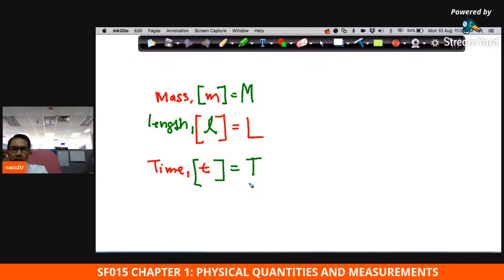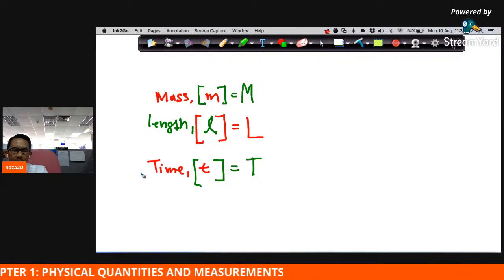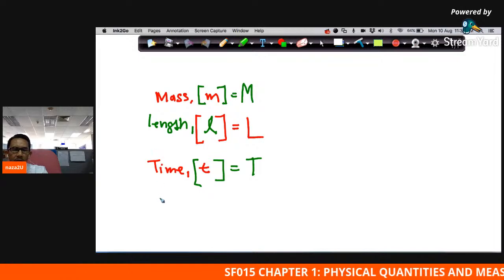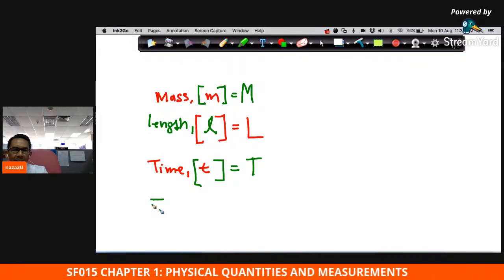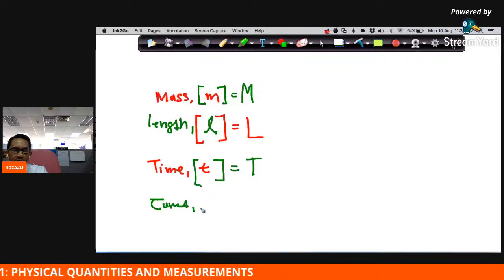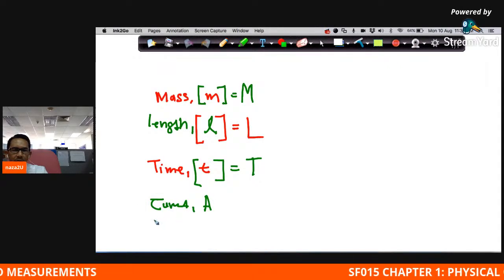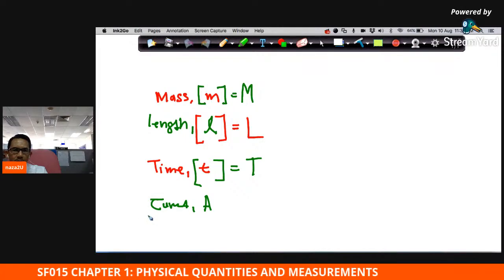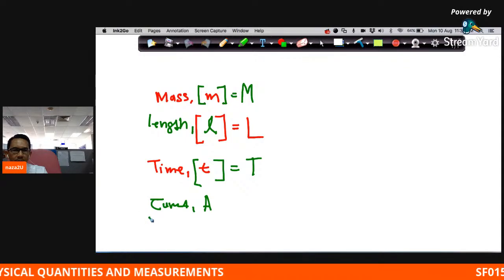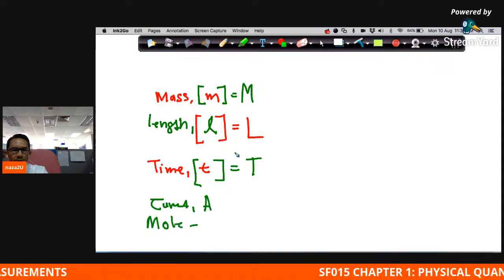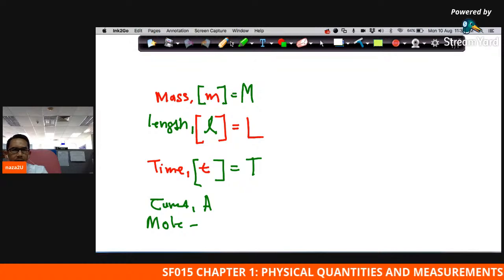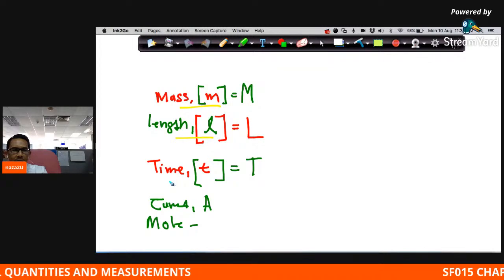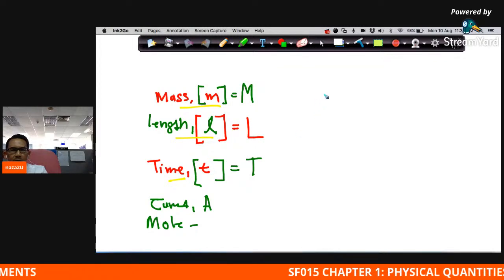There are others too, but I want to focus on these three first so it is easier for you to see. We also have basic quantities like current, ampere, and amount of substance, mole. So I focus on the three items here: mass, length, and time.